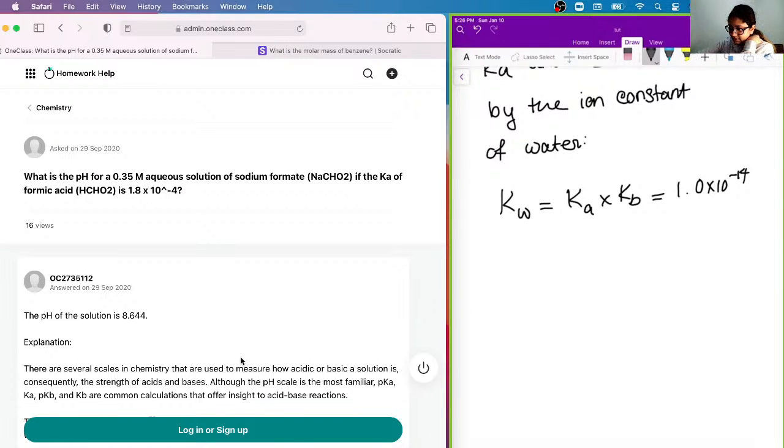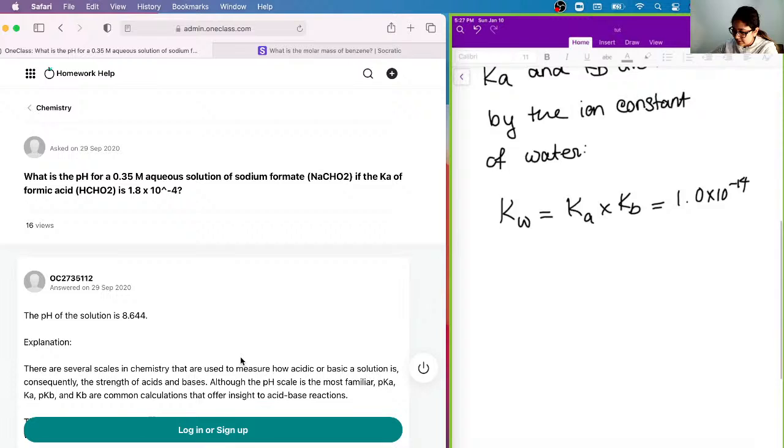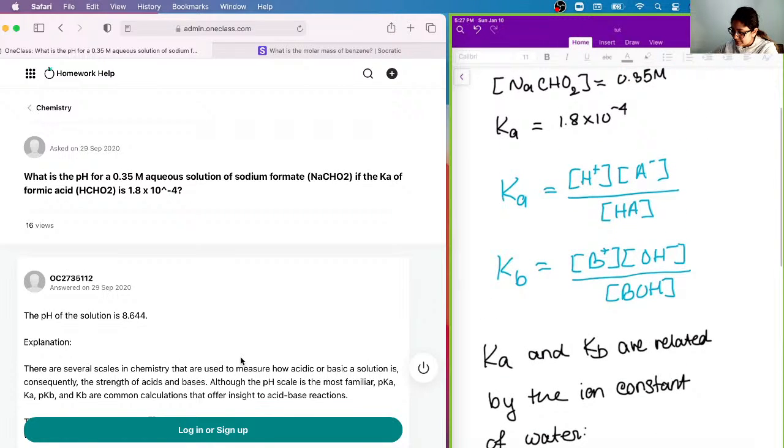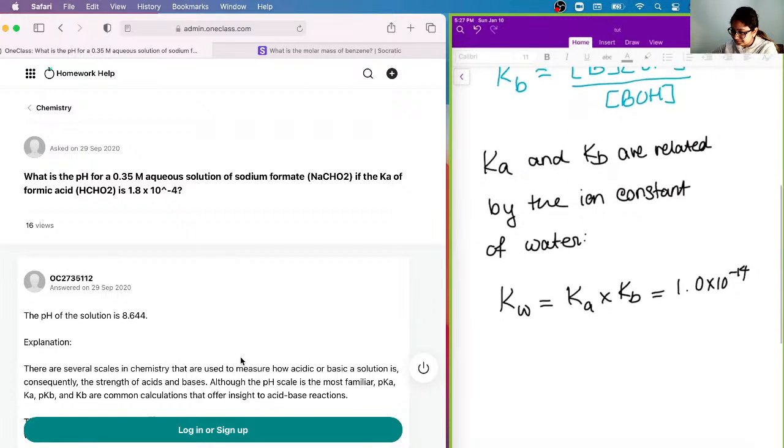Since we're given the Ka for formic acid, we can use our Ka expression and substitute what we know.